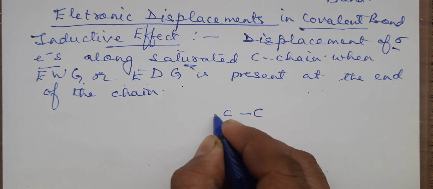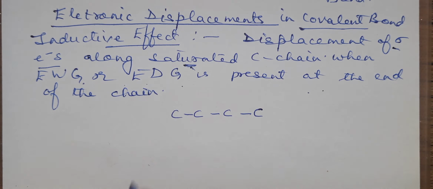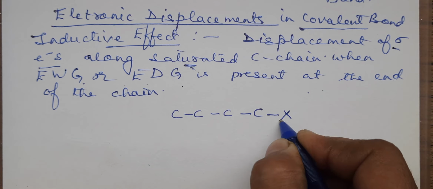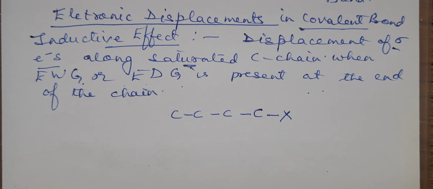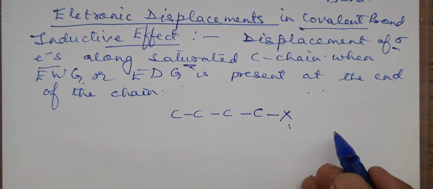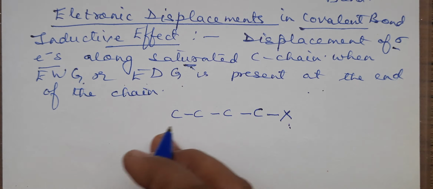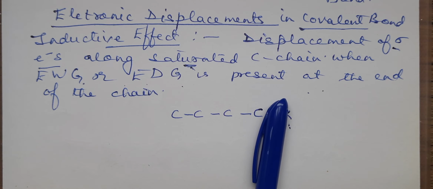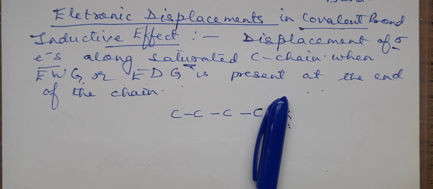Suppose you have a carbon chain. It is a saturated hydrocarbon and at one end you have a halogen attached. And you know halogen is an electron withdrawing group. It will try to pull electrons toward itself. If this was not there, all were carbon atoms, meaning the electronegativity difference is not there, so it will be equally shared between the atoms.